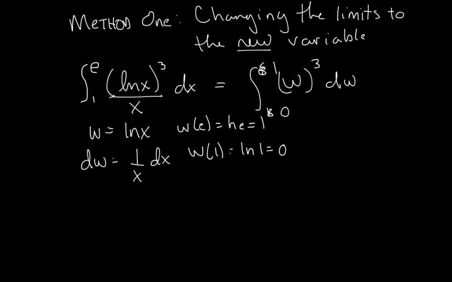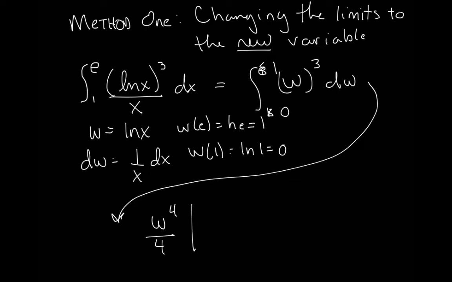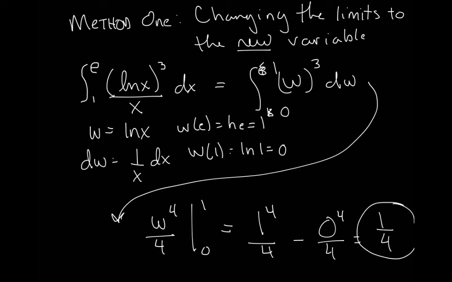So that when I take my definite integral and I find the antiderivative, I'll get w to the 4th over 4, evaluated not from 1 to e, but from 0 to 1. Now I just plug in 1 and 0, so I'll have 1 to the 4th over 4, minus 0 to the 4th over 4, which equals 1/4. And so that's my final answer.